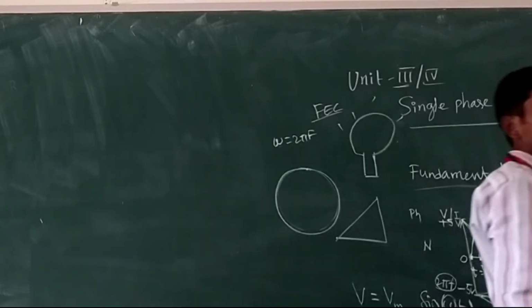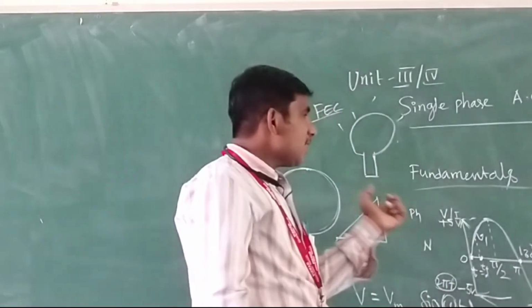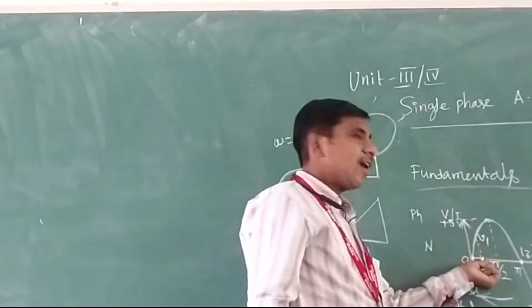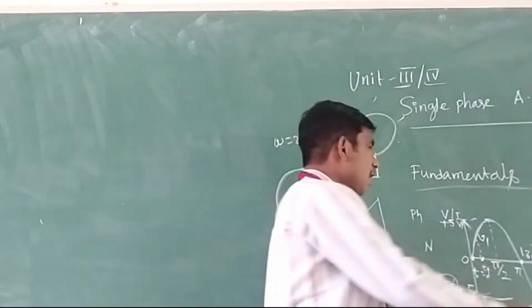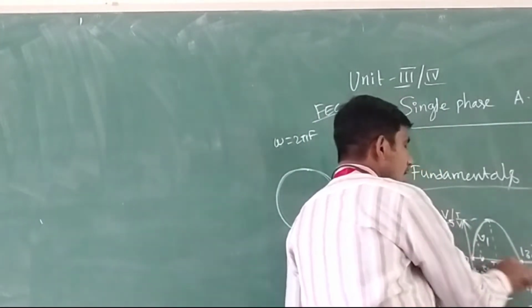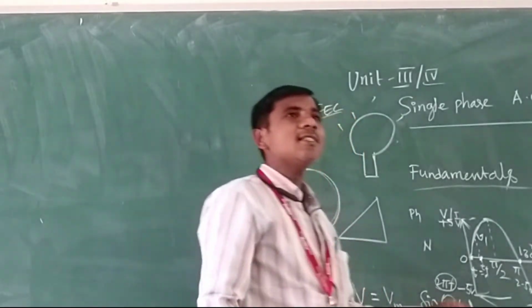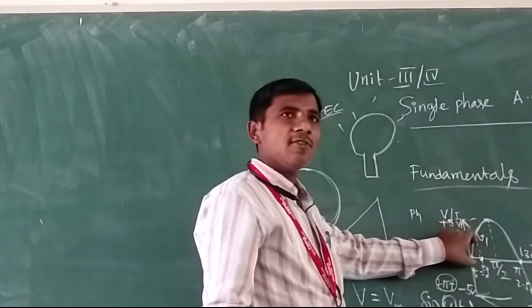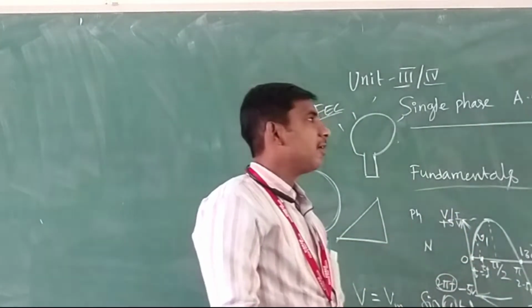The instantaneous voltage is the voltage at time t1. Suppose the total time period is 5 milliseconds. At 2.5 milliseconds, what is the magnitude of the signal? That is called the instantaneous value.